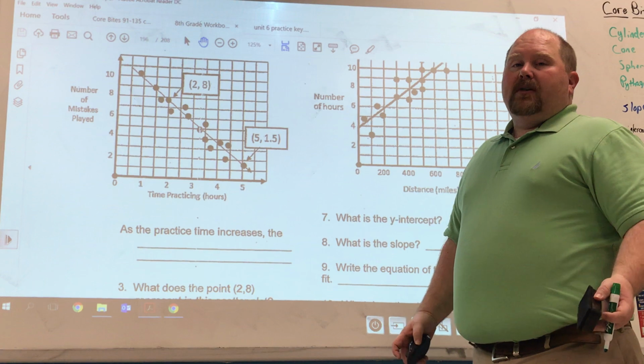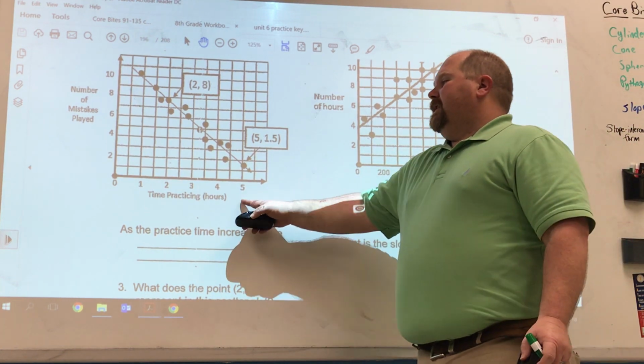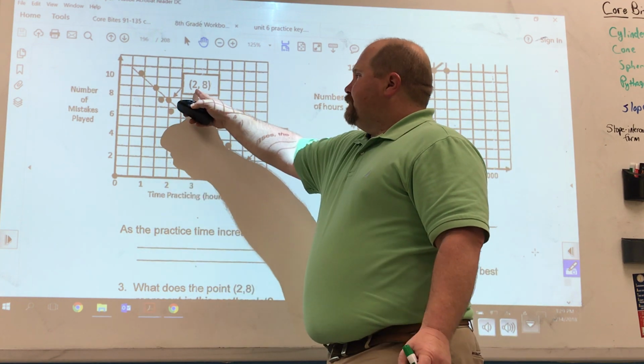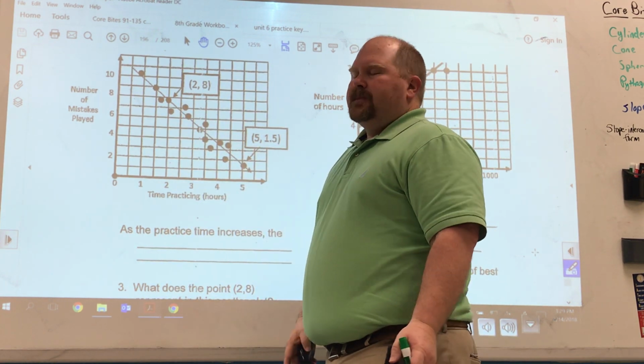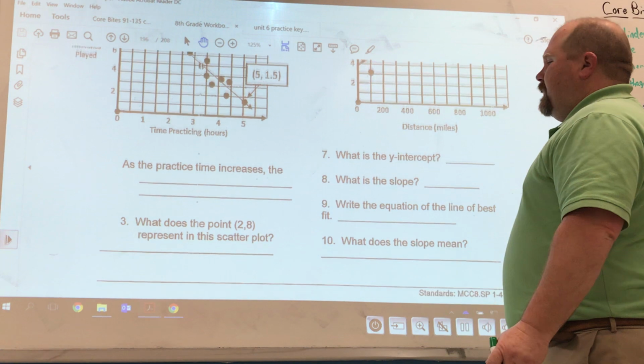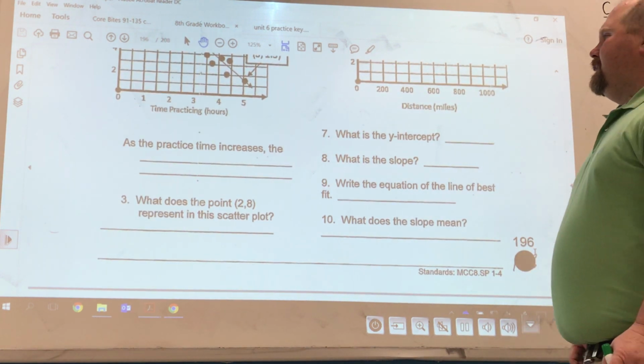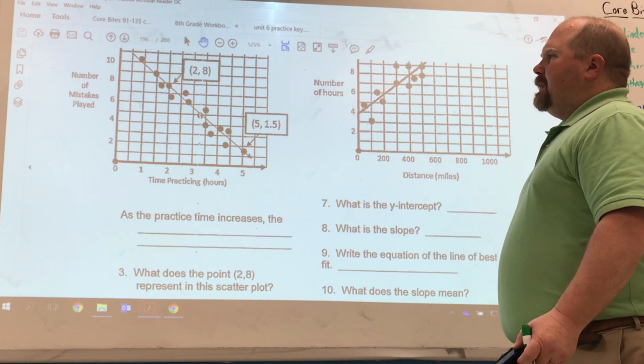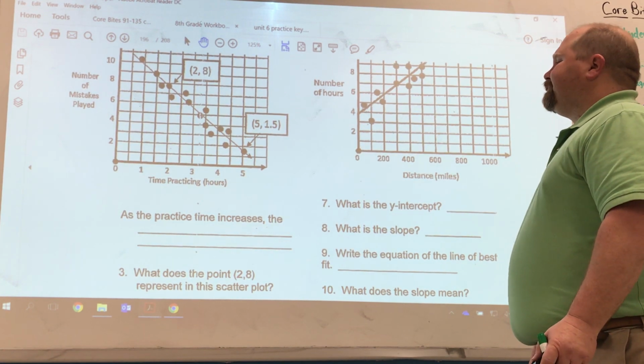And if there's time involved, time should always be down here on the x-axis as the independent variable. So 2 hours would equal 8 mistakes. That's what it's saying. So when it asks you what does the point (2, 8) represent in this scatter plot, it represents that 2 hours of practice would equal about 8 mistakes.